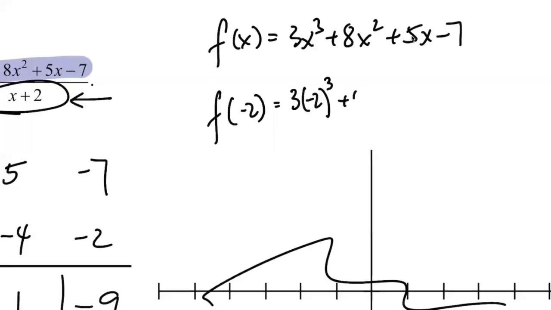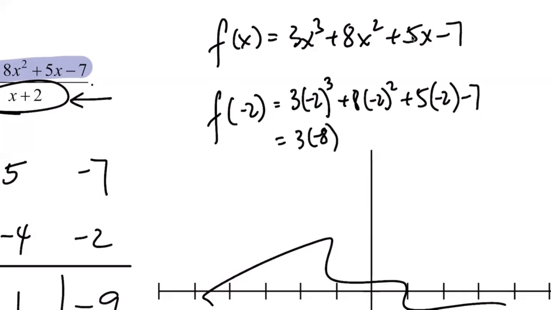So substitute, again using parentheses, remember, especially when you're substituting negative numbers. Got to be very careful. So 3 times -8, and then 8 times 4, and then -10 minus 7, right? So -24 plus 32 minus 17.